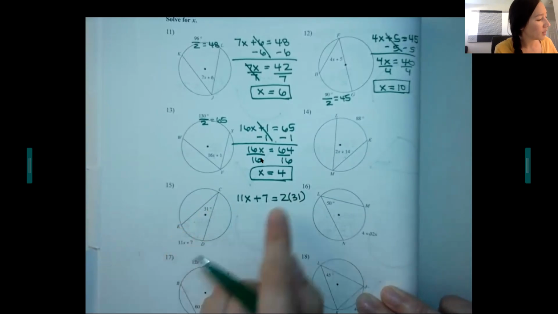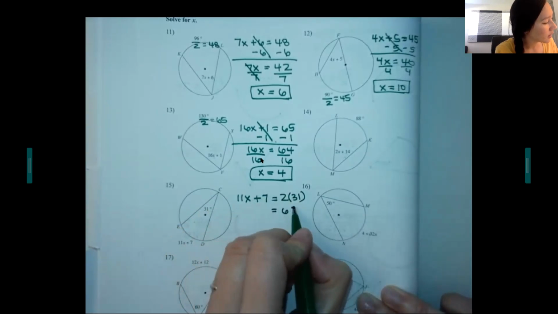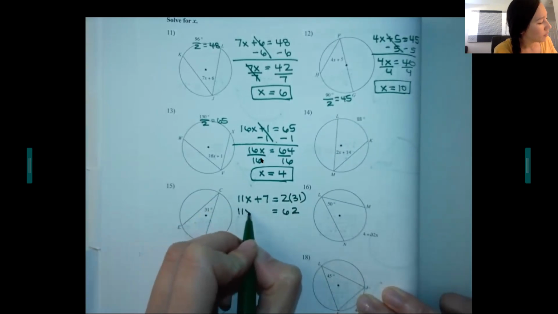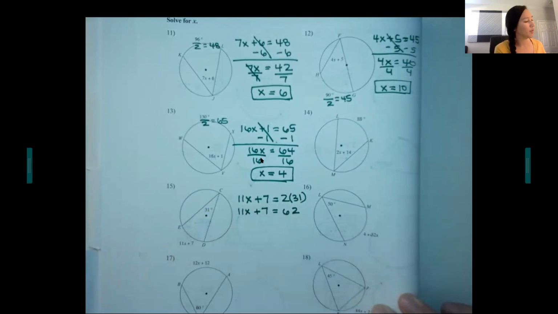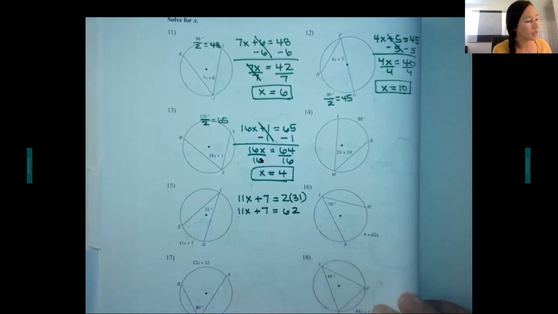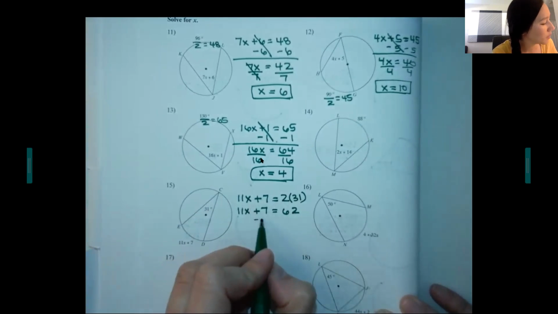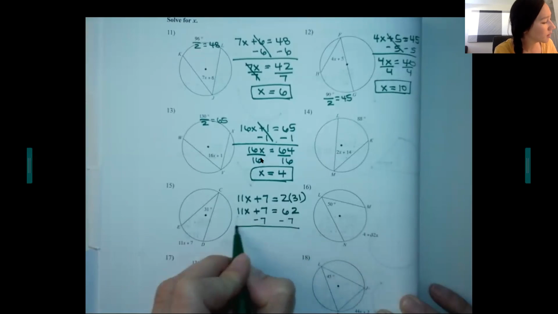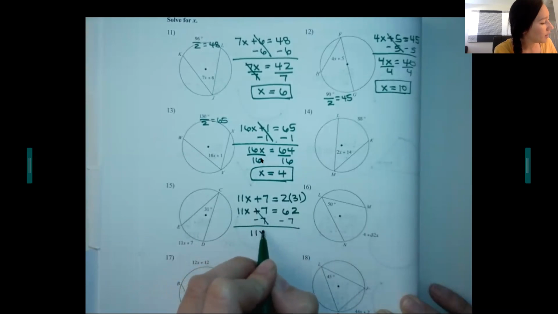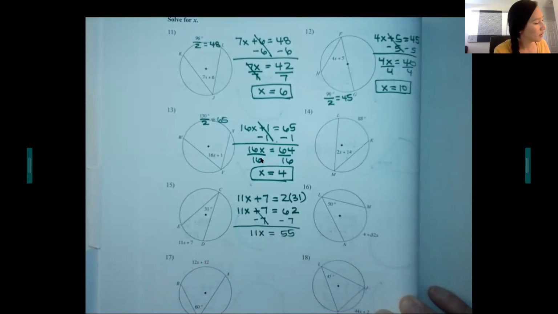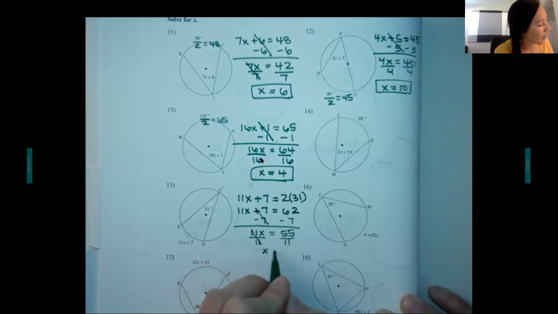So we know what the arc is. The arc is 62. And now we can solve for x, because 11x plus 7 is going to equal 62. So then we would subtract 7 from both sides, and so we get 11x equals 55. And we divide by 11, and so x equals 5.